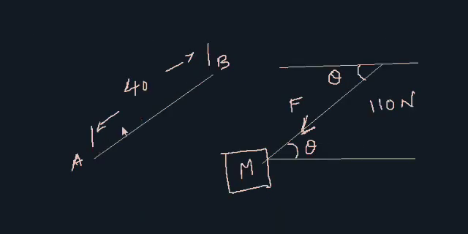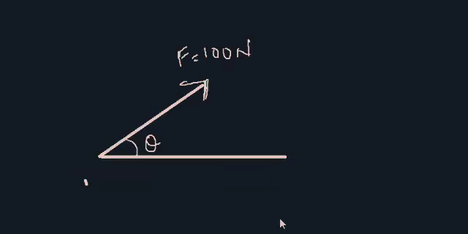Length is an example of scalar. Mass is an example of scalar. Time is an example of scalar. And force is an example of vector. It has to have a magnitude and a direction or line of action.